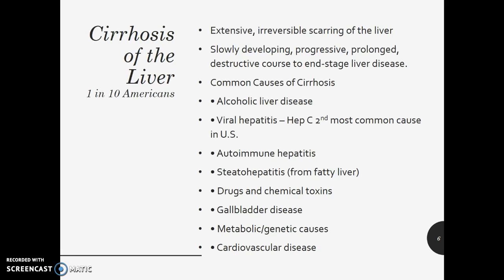Gallbladder disease can cause blockages, and that can also cause pressure back on the liver. There are also metabolic and genetic causes that are not well understood. And then cardiovascular disease in general, as we've talked about with atherosclerosis, can cause problems with circulation to a large organ like the liver, which decreases the circulation and then causes destruction to the liver.